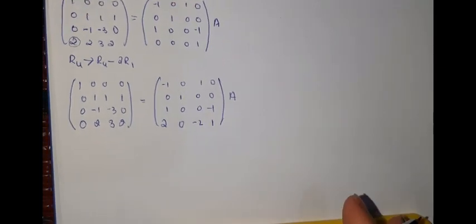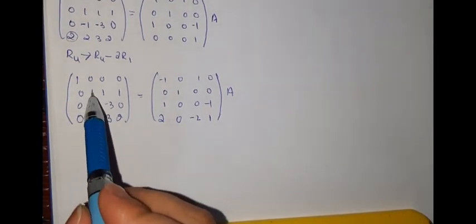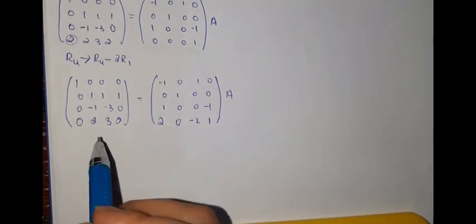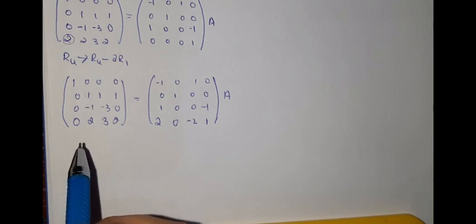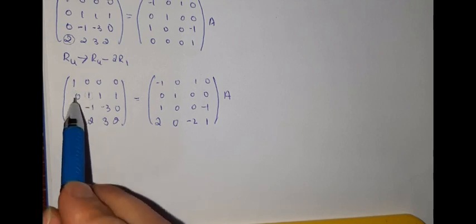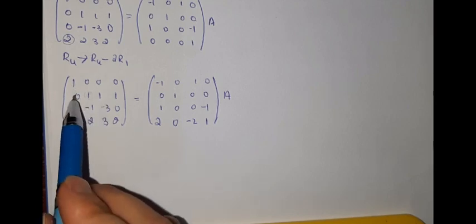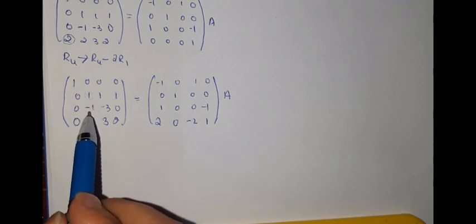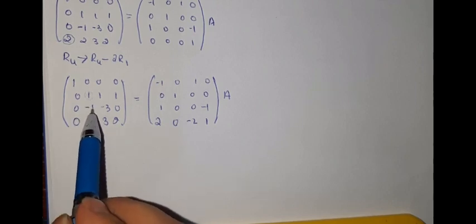Now our next mission is here, this one will go like this. That way we won't disturb whatever we have already accomplished. We don't want to change this, our mission, right? We already got this, so this element should not be disturbed. So what I will do is make this part 0.